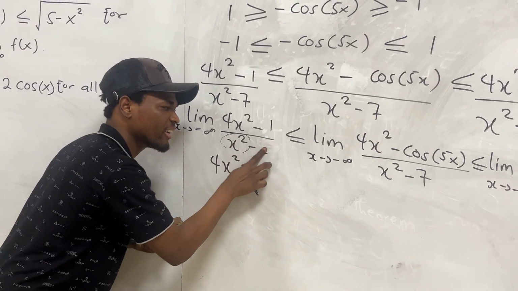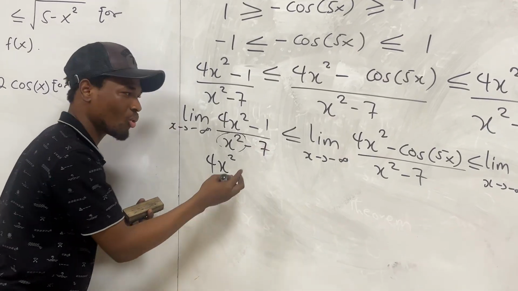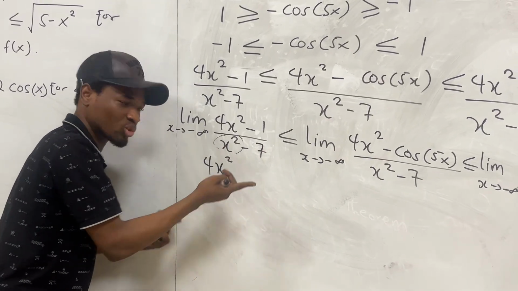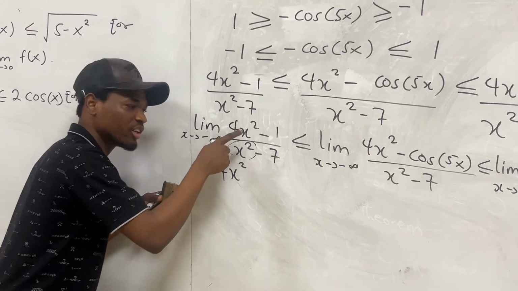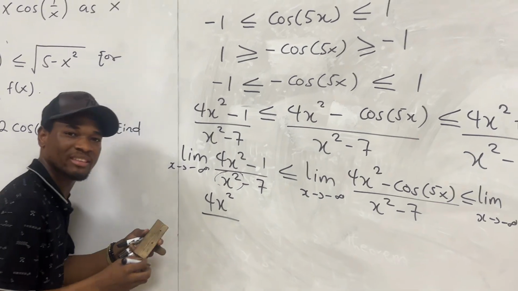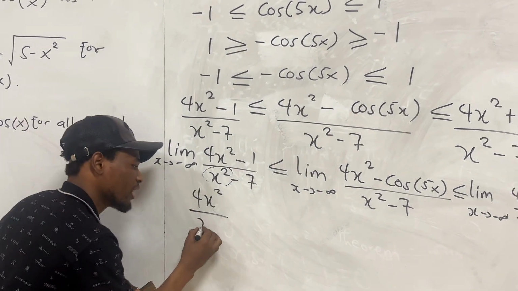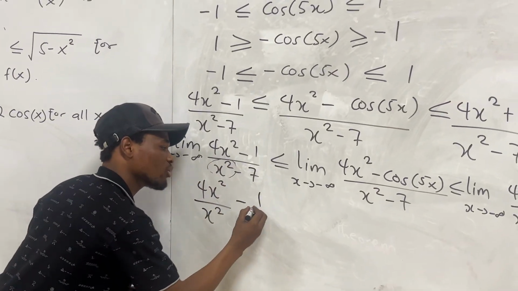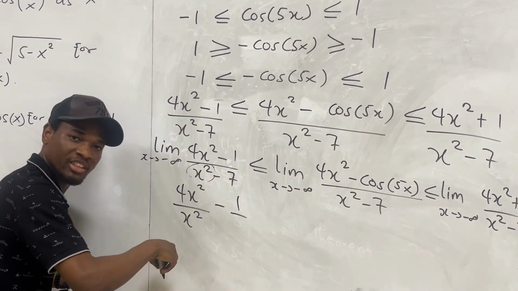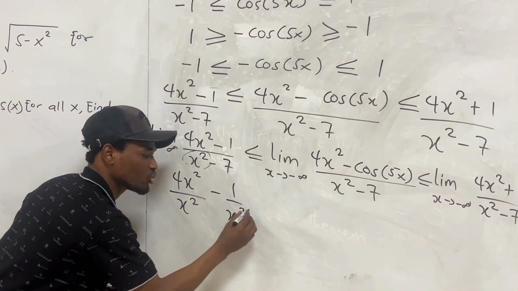So in this case here, it was 7, so obviously we are just going in for x squared. You now pick the numerator, which is 4x squared, and divide it by the highest degree of the denominator, which is x squared. Minus 1 over the highest degree of the denominator, x squared.